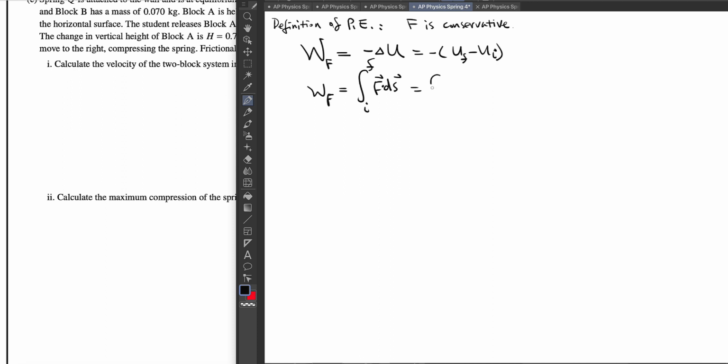In our case, I want to go from initial xi to a final x final, and the force for spring Q would be C x to the power 1/2, dot ds. We need to take care of that sign, and then dx there.